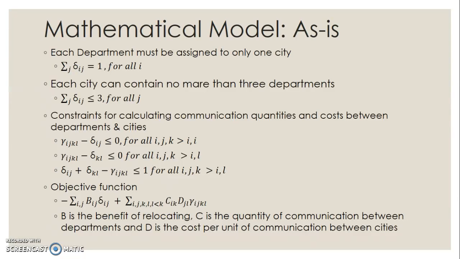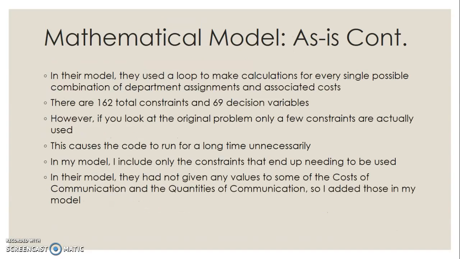The following 3 constraints are for calculating communication costs and quantities between departments and cities. And finally, the objective function, where B is the benefit of relocating, C is the quantity of communication between departments, and D is the cost per unit of communication between the cities.